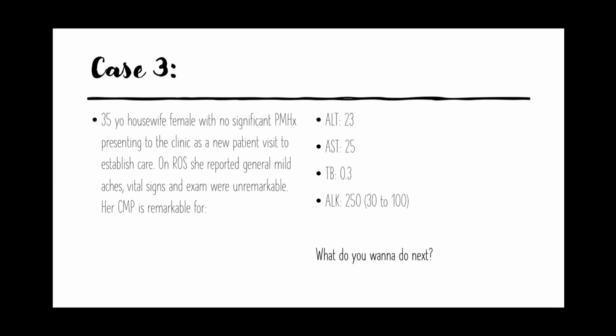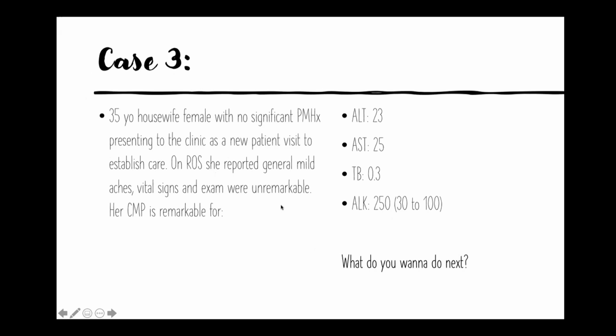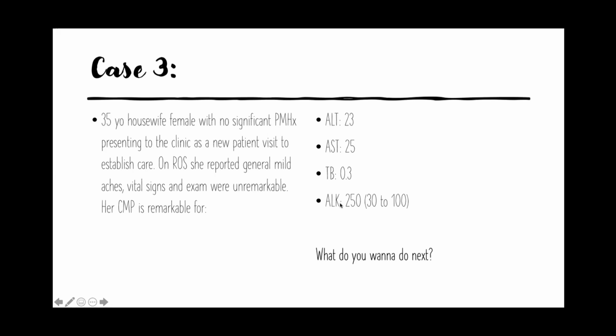But I don't see a cholestatic pattern here, so I would start with CBC, and then see the GGT. Okay. So exactly as you mentioned, she has elevation in the ALP, but for now we don't know if it's hepatic versus extrahepatic because it might be secreted from other sources.